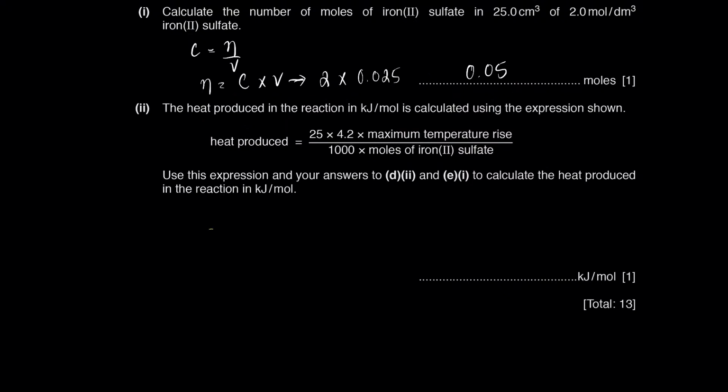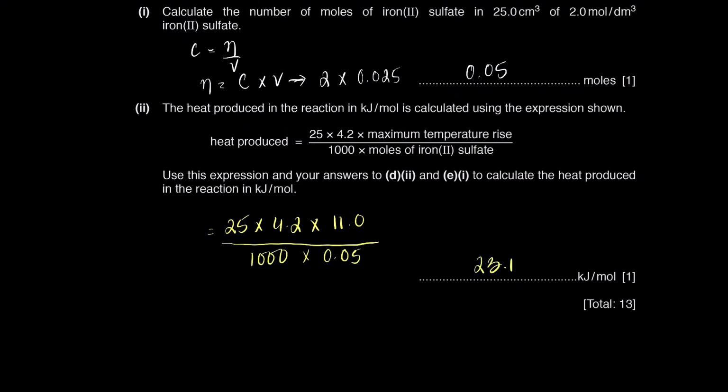Okay, heat produced is 25 times 4.2 times maximum temperature reached, divided by 1000, divided by 0.05. If we put this in the calculator, what do we get? 25 times 4.2 times 11 divided by 1000 divided by 0.05. 23.1 kilojoules per mole.